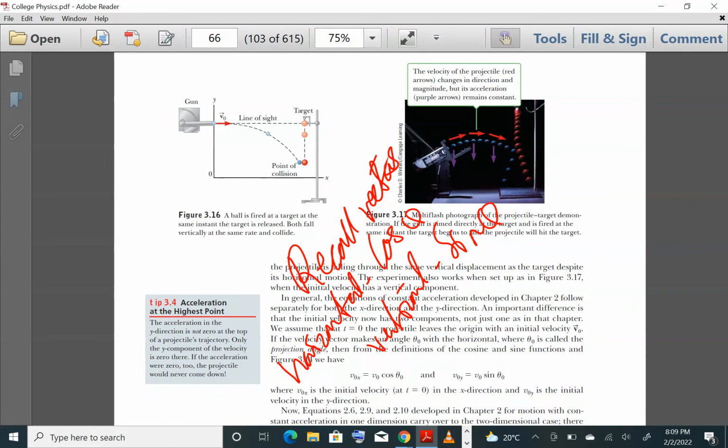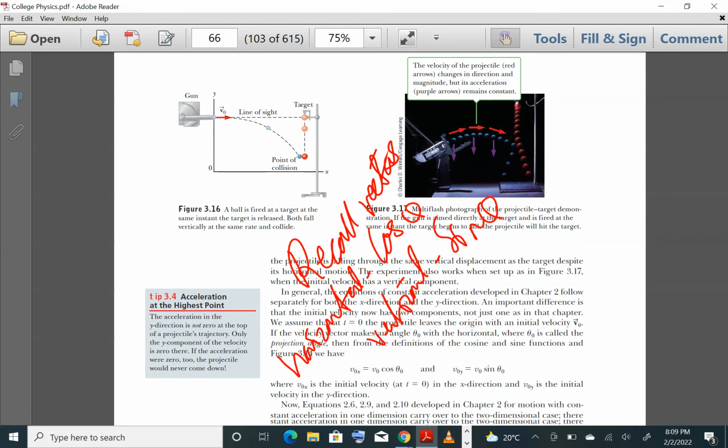So again here we're trying to explain the same concept. The velocity of the projectile changes in direction and magnitude, but its acceleration, the purple arrows, remains constant. So as it's going, there may be changes in the velocity; however, its acceleration is what is going to be constant.